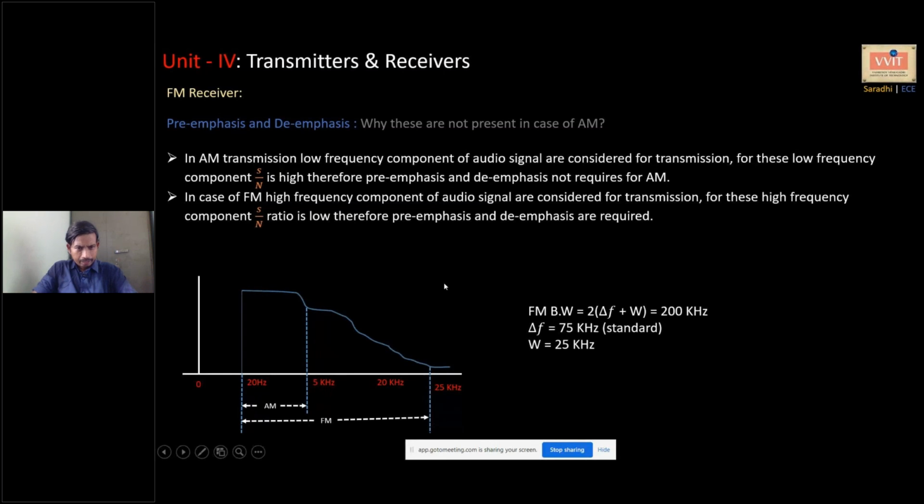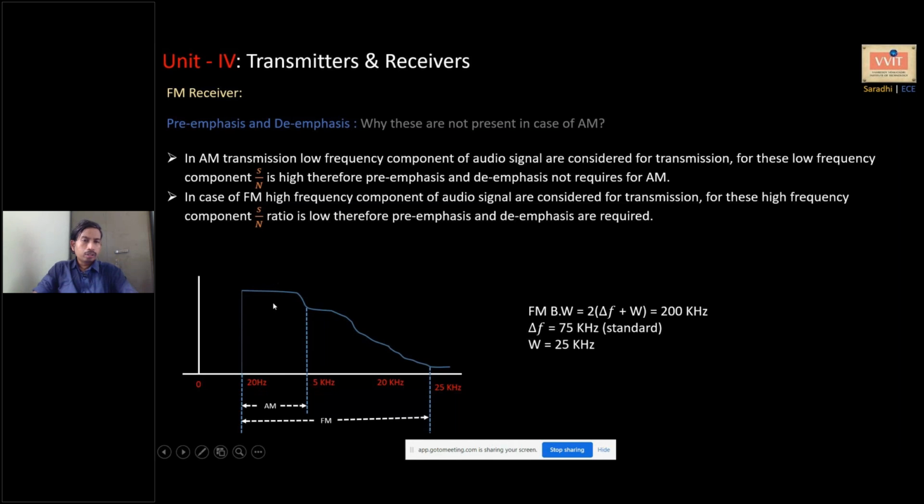Look at this portion of the spectrum. This is where our AM transmitters are working. In this lower end of operating frequencies, the signal to noise ratio is quite good. Noise is not that strong, so SNR is quite high.